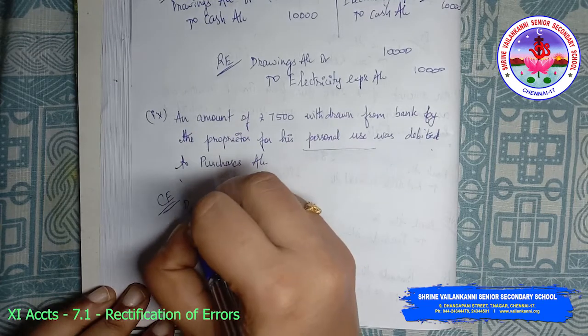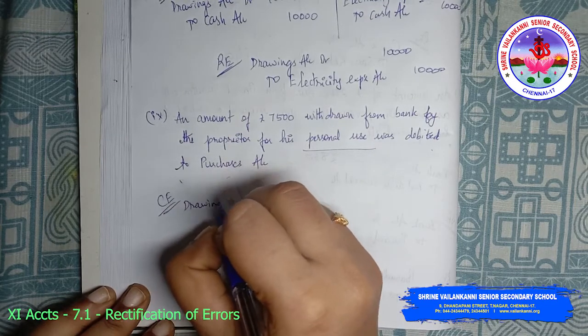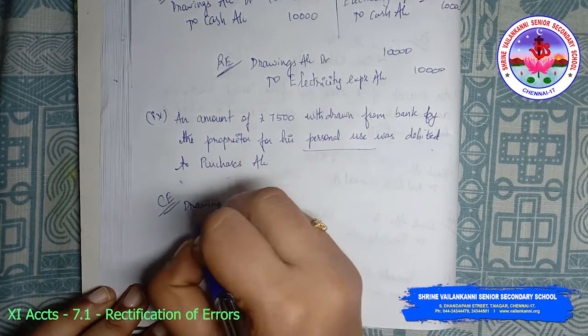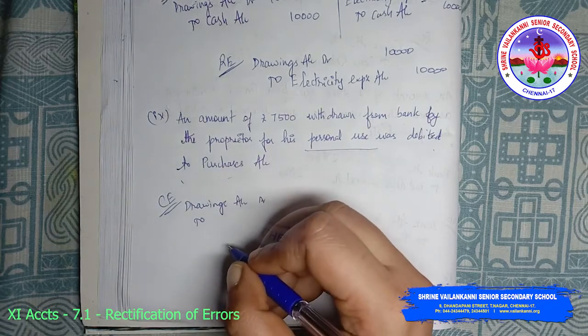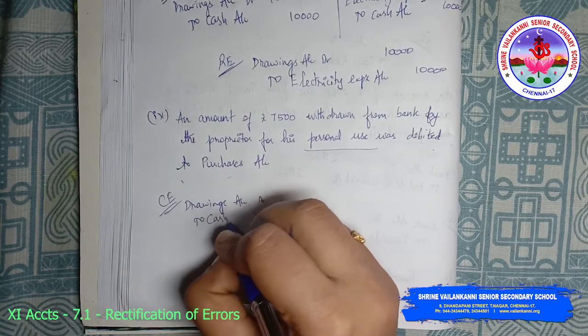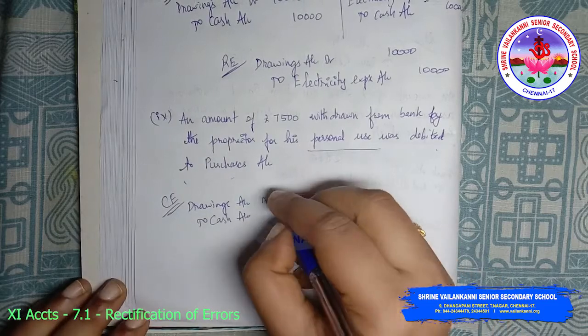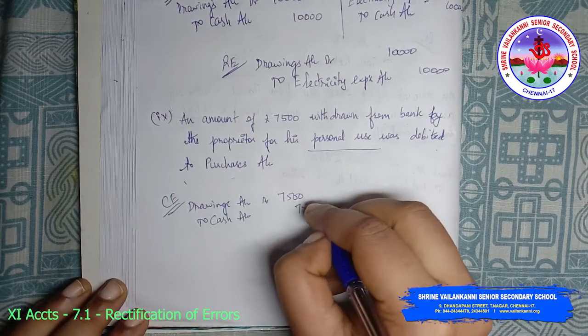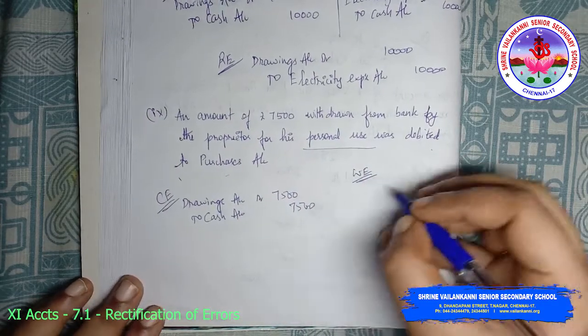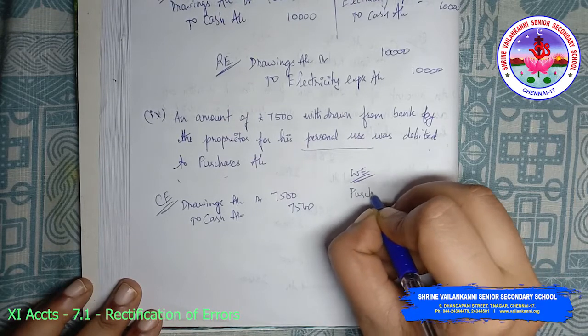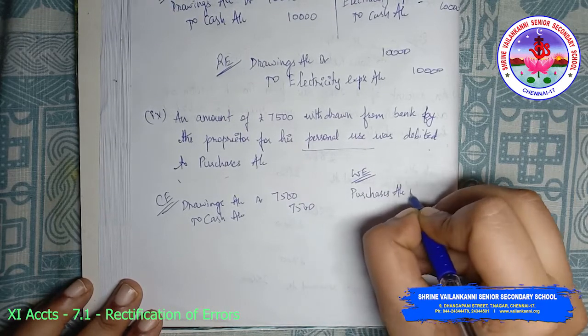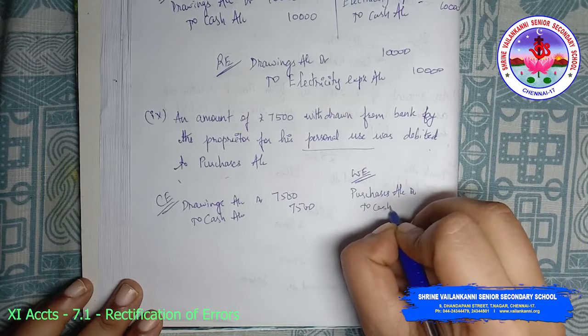Correct entry is drawings account debit to cash account. This is the correct entry. What is the wrong entry that they have done? They have written purchases account debit to cash account.